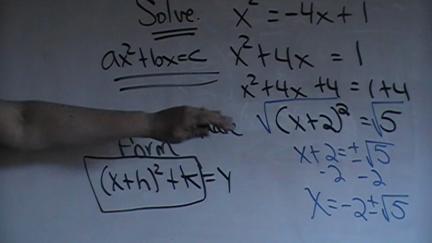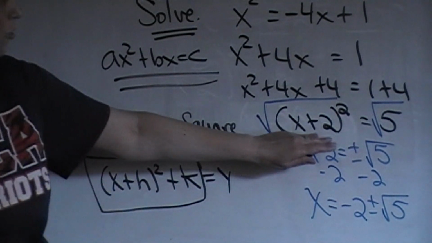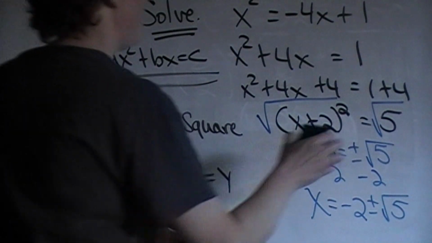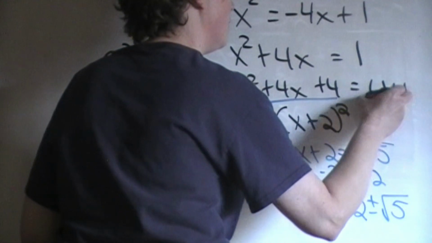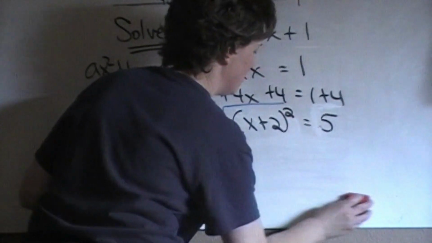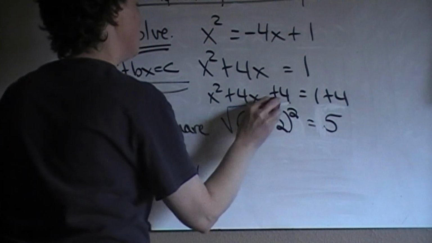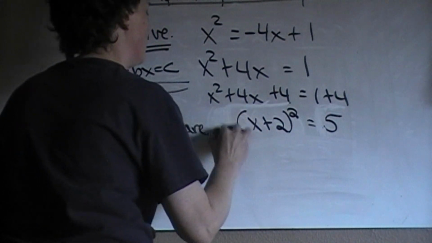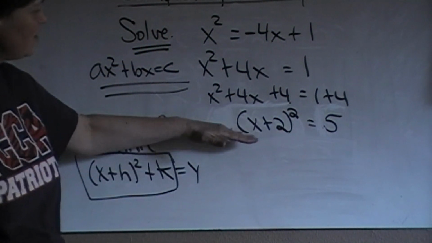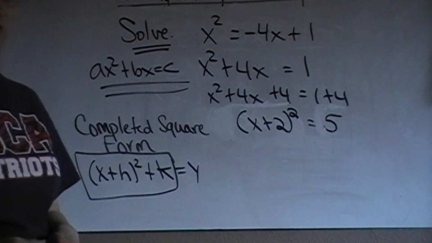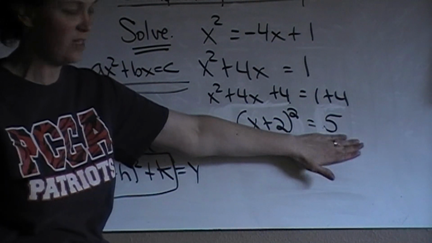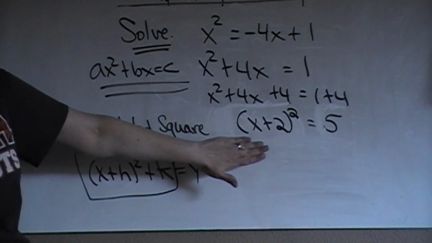If you'll notice right here, we have x plus something. Instead of taking the square root of both sides, in order to get it into the completed square form, I am just going to take this constant and subtract it back to the left side.